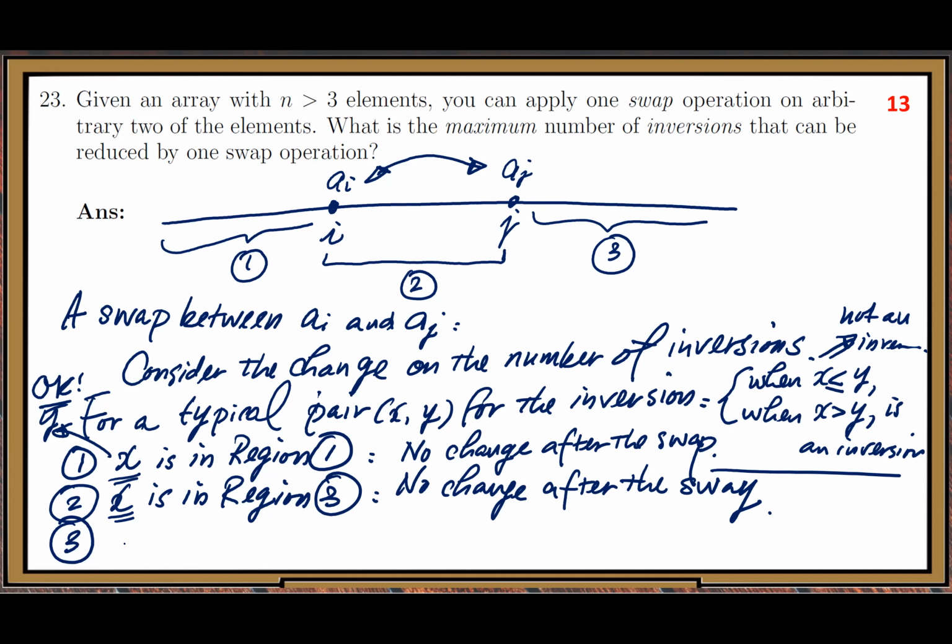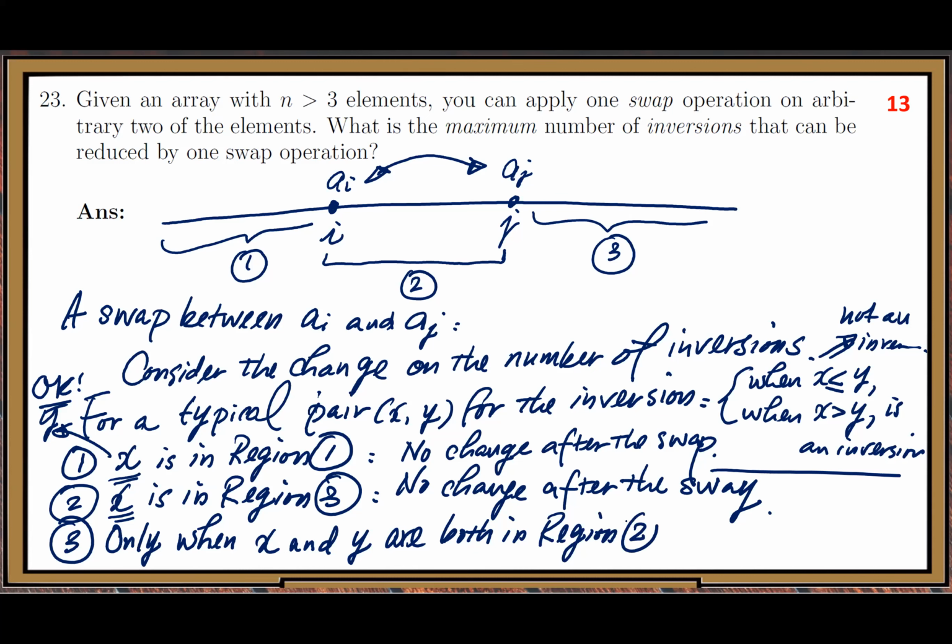Only when X and Y are both in region 2, the number of inversions could change.